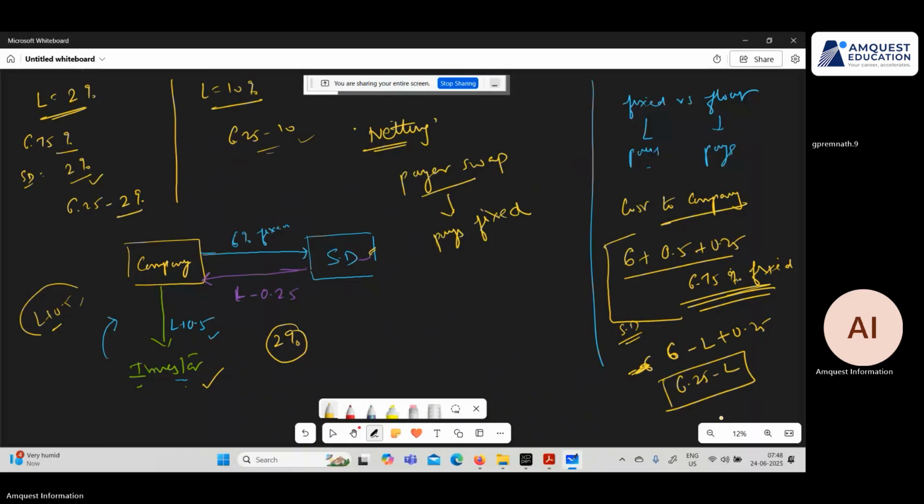Remember this. The person who pays fixed is a payer swap, and the receiver swap is the one who receives fixed. So in this case, the company is a payer swap and the swap dealer is a receiver swap. When I say receiver swap, it means he will receive the fixed, but he will pay the floating.